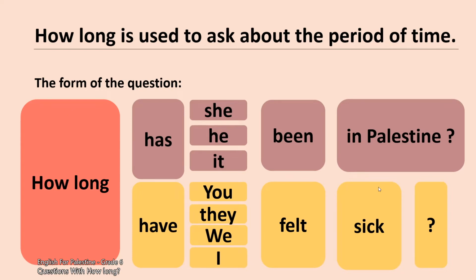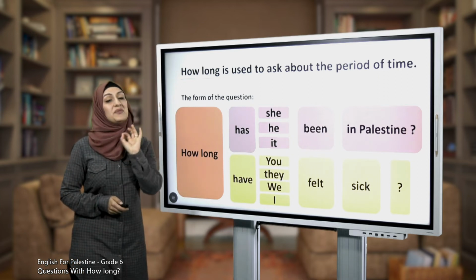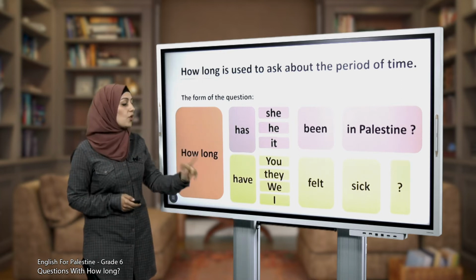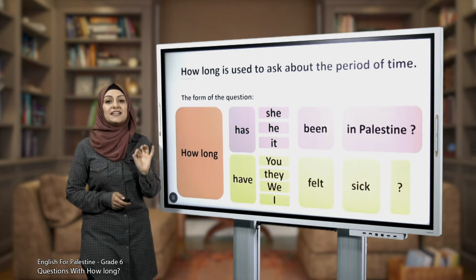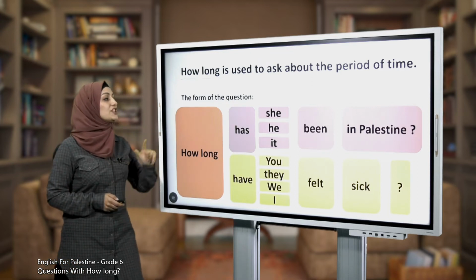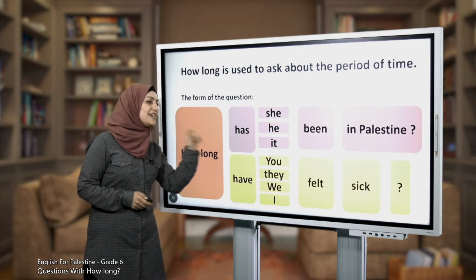So, to summarize, in order to form a question using how long, remember to decide if you want to put has or have. And this depends on the subject of the question. If the subject of the question is she, he, or it, always remember to use has.